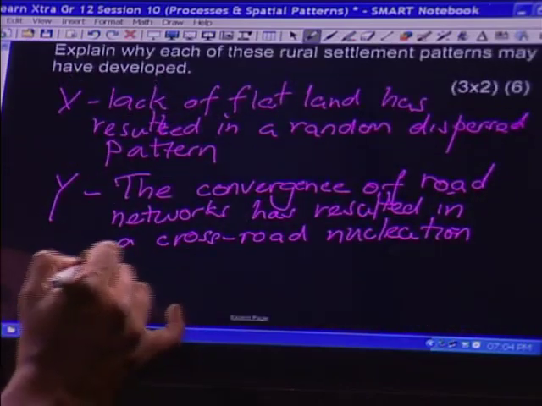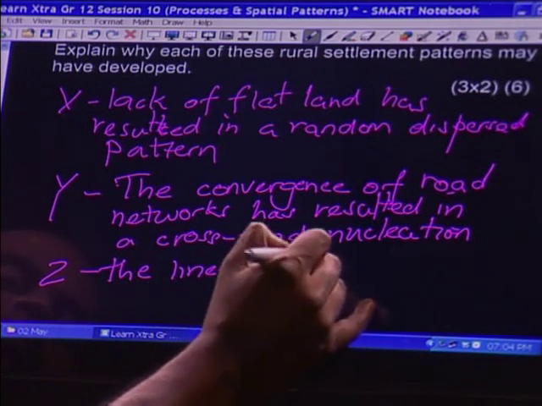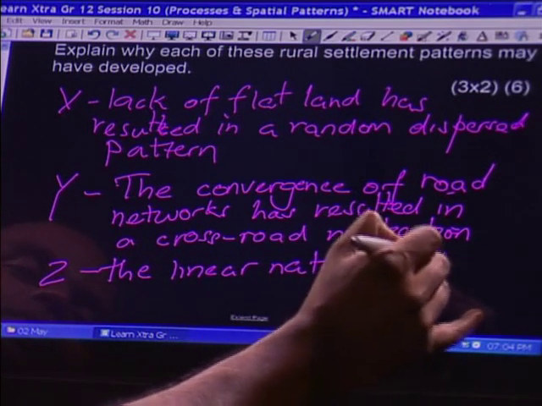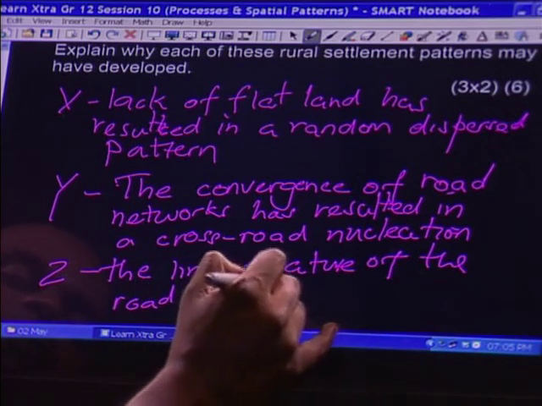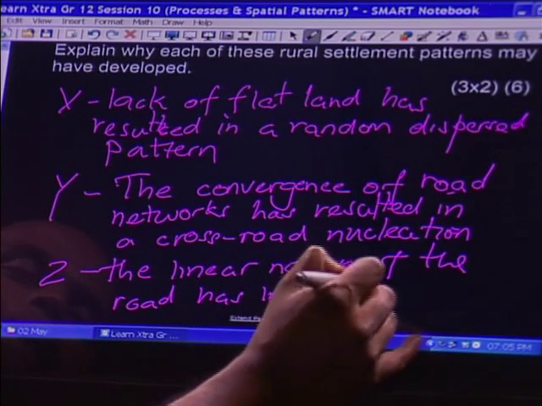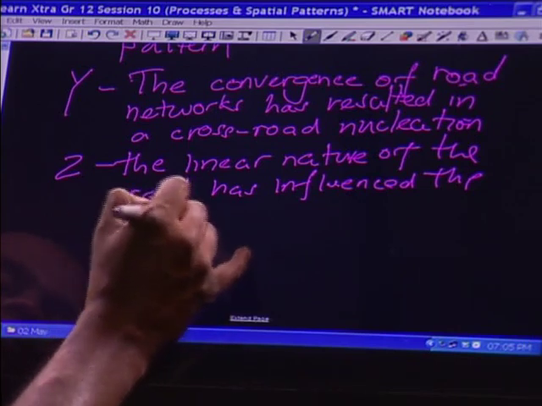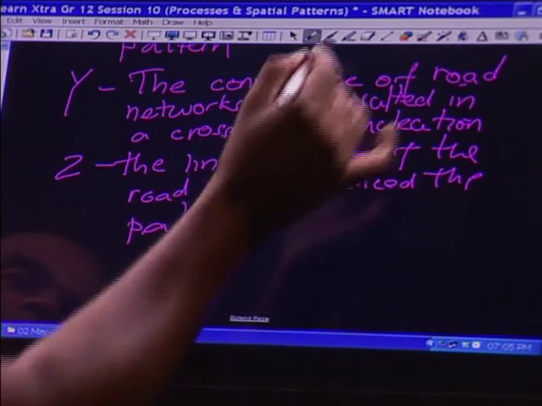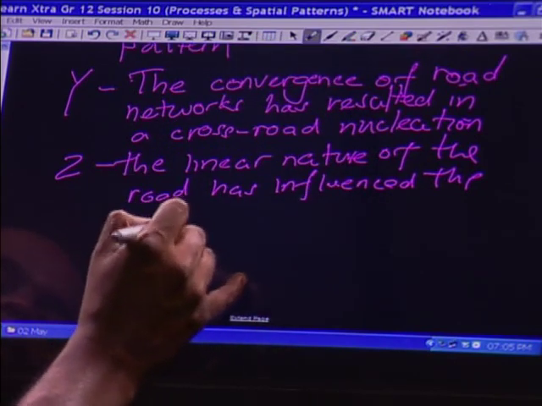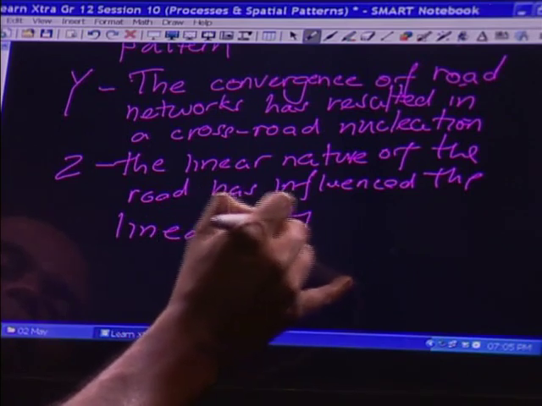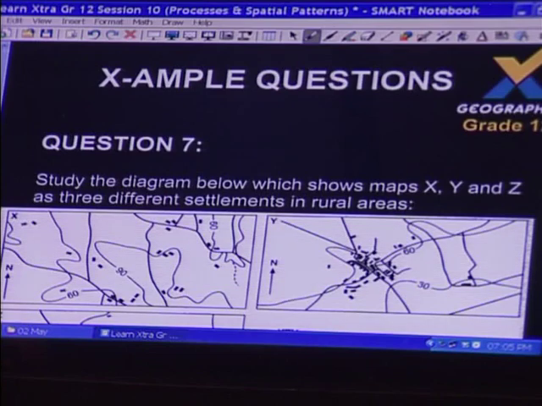So, the linear nature of the road has influenced the linear pattern. Moving on to the next question.